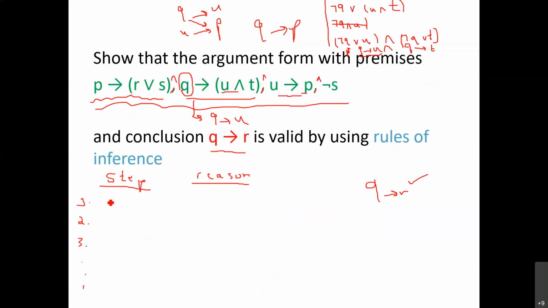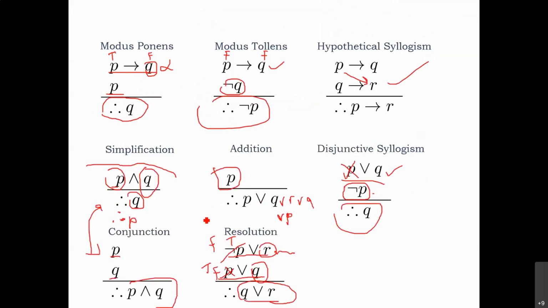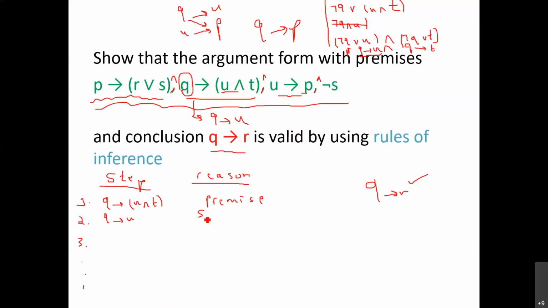So how do we write this? Hey, I have Q implies U and T. This is a premise. I can conclude Q implies U by simplification of 1.